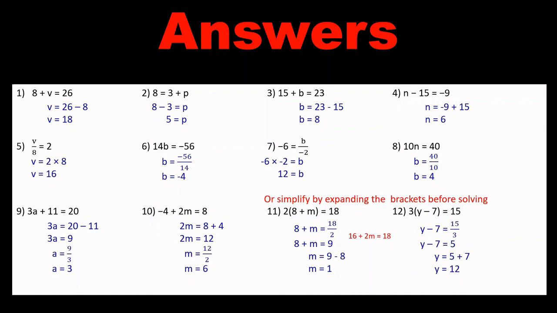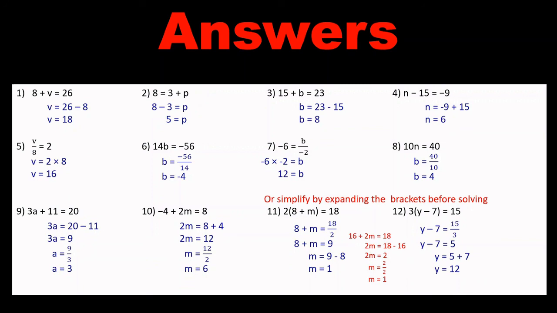So if you first expanded out the brackets, we can then rearrange and solve this equation that remains and not worry about the brackets changing our order of operations. So to get the m on its own, it's being multiplied by 2 and 16's added. So let's go backwards. Let's subtract the 16. Then let's divide by the 2.